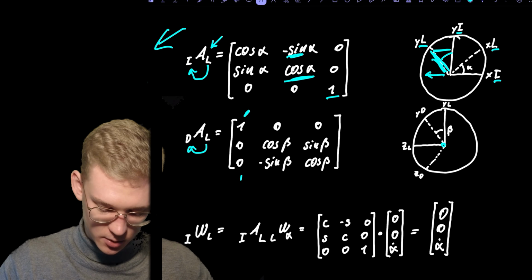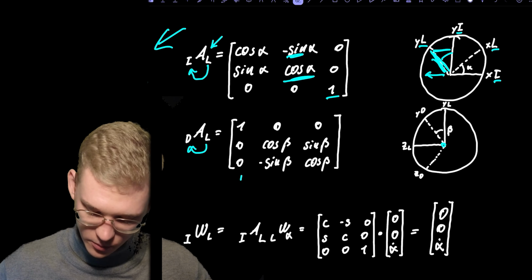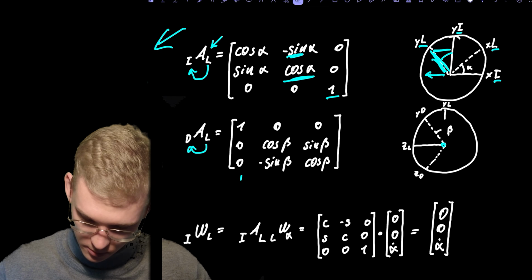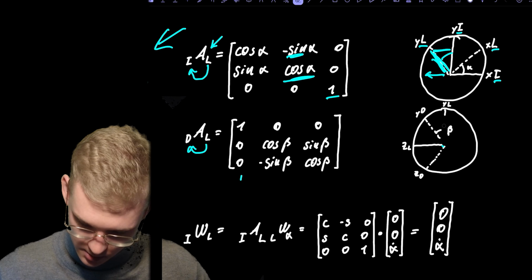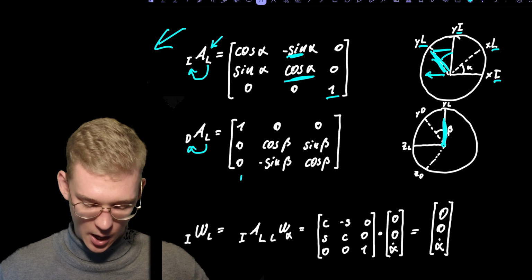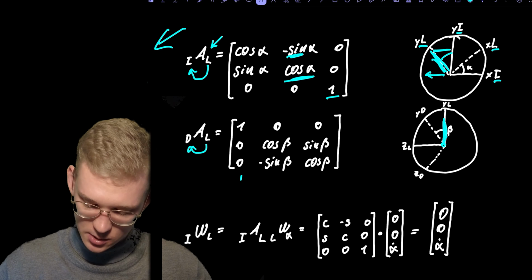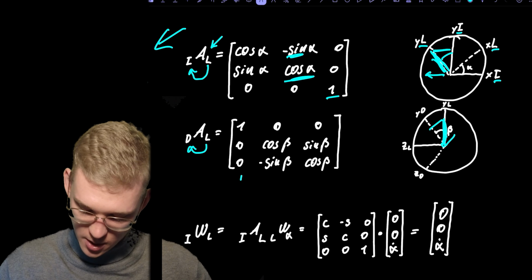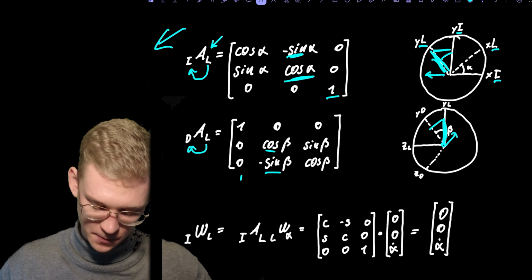Then we take the unit vector in y of L, this one. And how is it described in D? So in Y we have the cosine, and in X we have the minus sign.